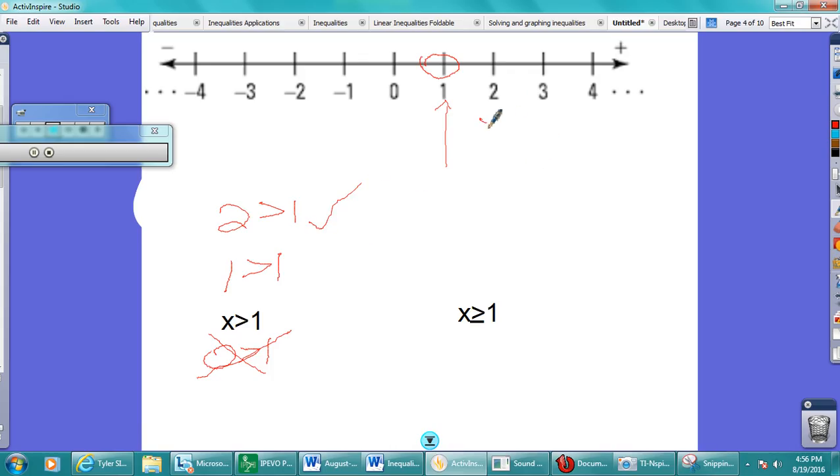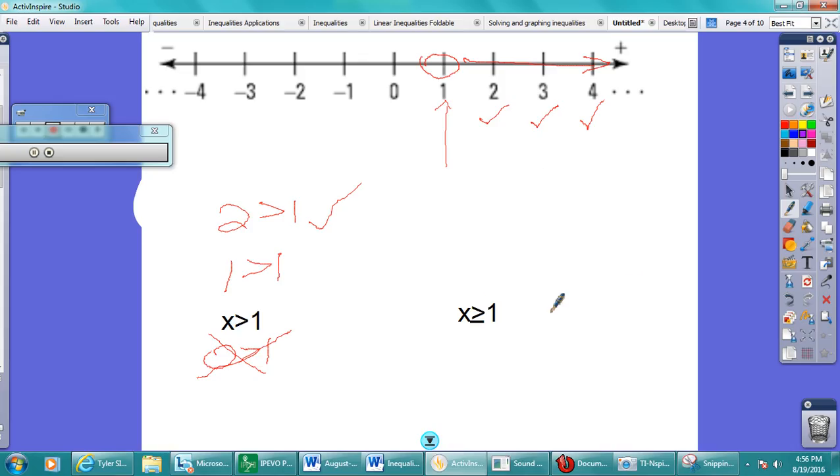So this is true. Is 3 greater than 1? This is true. 4 greater than 1? This is true. So everything on the right side of the number line, past 1, will make this statement true. So now we draw our arrow. We just graphed x is greater than 1.